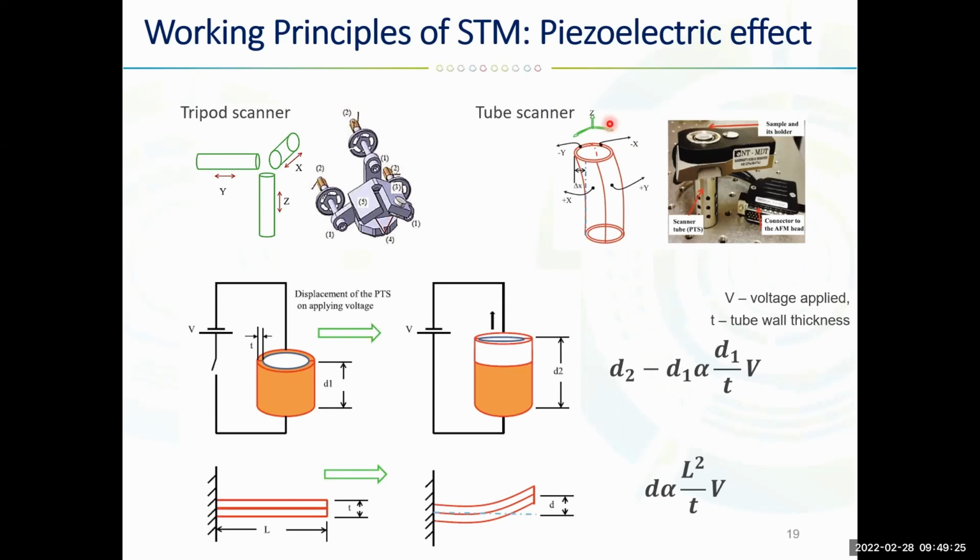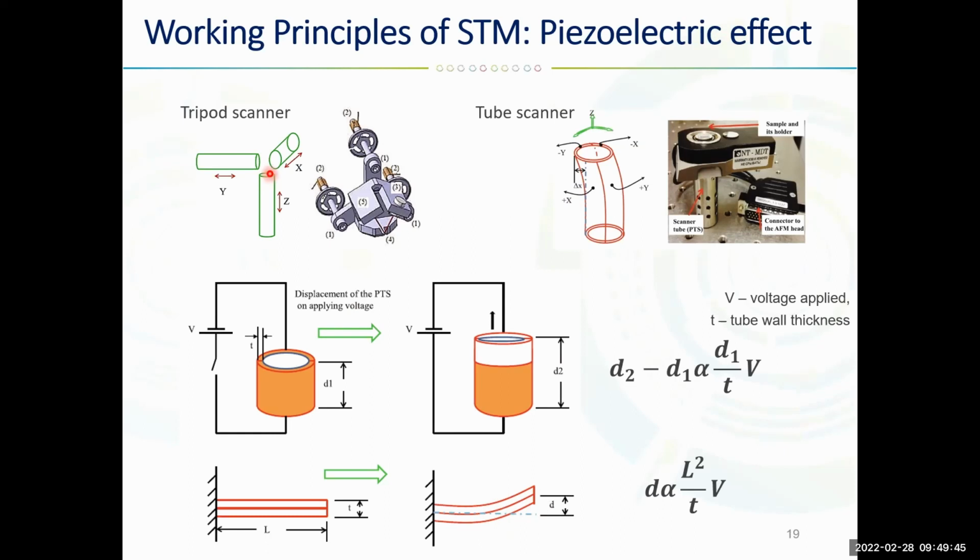These piezoelectric elements can react in a very precise way. Some of them can change their shape by 0.1 nanometer when we apply some voltage. So this is very precise.